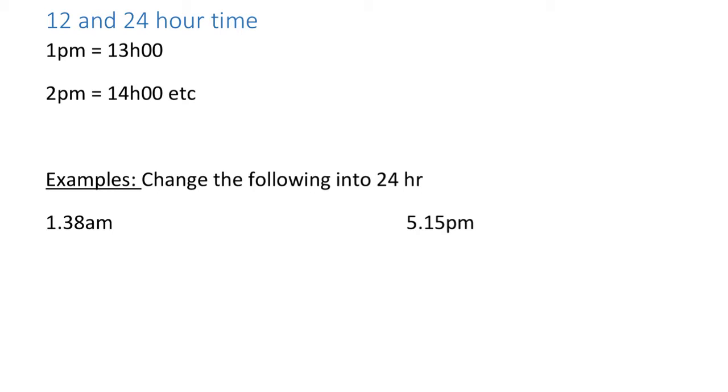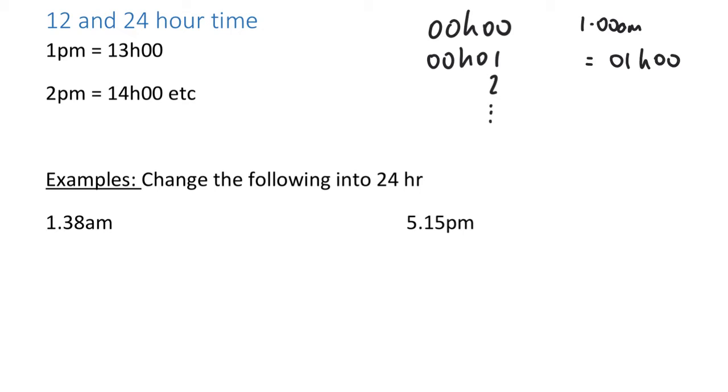For 12 and 24 hour time, again, hopefully this is something we're familiar with, but the day starts at midnight, and that would be 00 hours. And then every minute after that, it goes 00, 01, 02, and so on. And then at 1 a.m., that would equal 01 hours and 0.